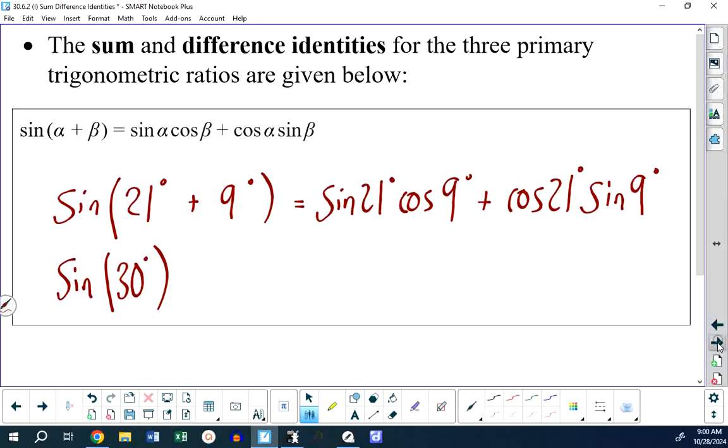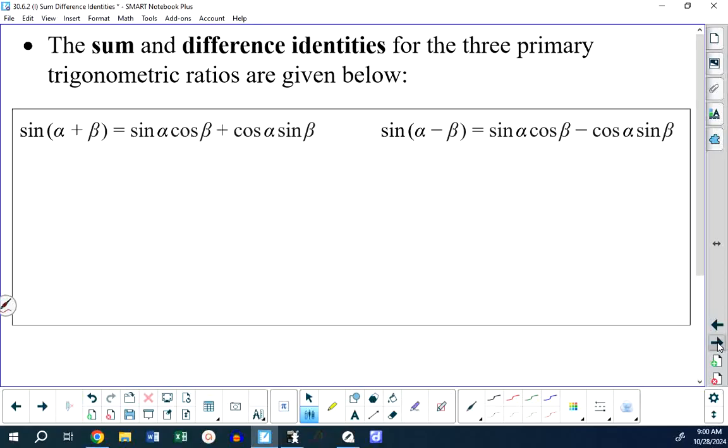We have a difference identity, which you would expect to be very similar to the sum identity for sine. It's sine of A minus B equals sine A cos B minus cos A sine B. And then we have the sum identity for cosine, which is decidedly different. It's structured differently. First of all, a cosine sum or difference identity has two terms, and each of the terms are cos, cos, and sine, sine.